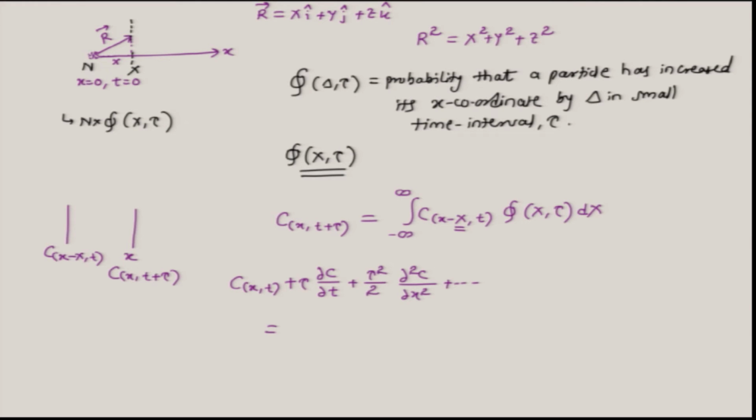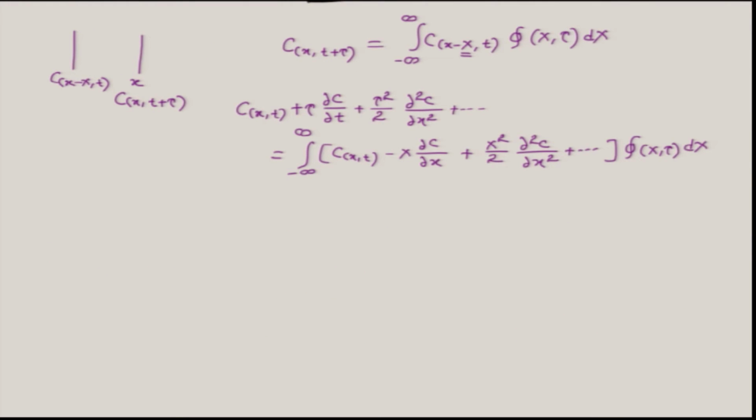And inside the integral we can similarly expand C of x minus X, t, that would be C at x and t minus X times dou c by dou x plus X square by 2 dou 2c by dou x2 and so on, times phi of X, tau dX.